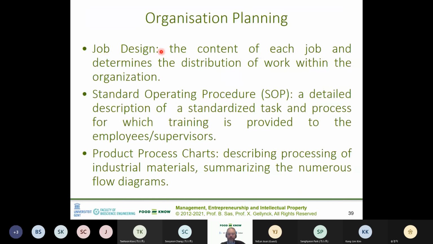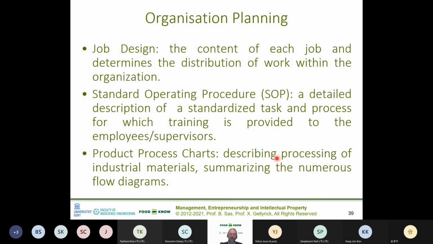For organization planning, it's very important to have a job design. So make sure that the workers you need have the exact skills and background needed. Standard operating procedures. So this is a detailed description of a standardized task and process, and for this training is given to new employees, new workers, and which are also part of, for instance, the ISO system, so that you can show that you're working in a very standardized way.